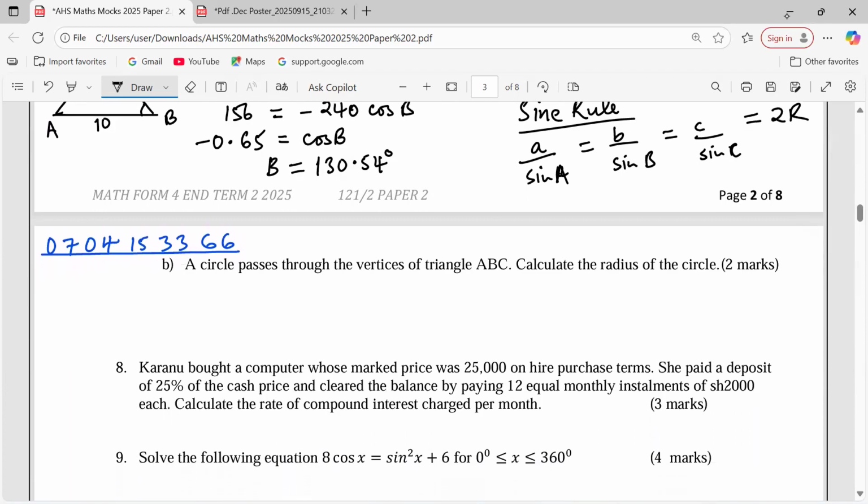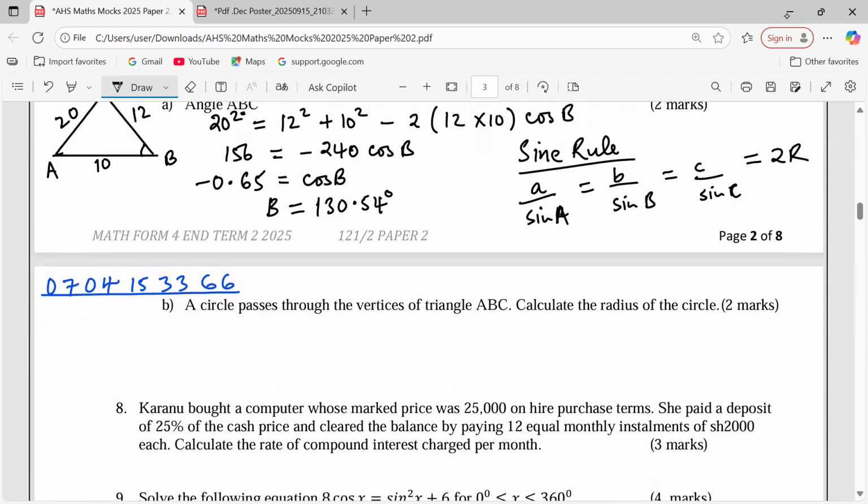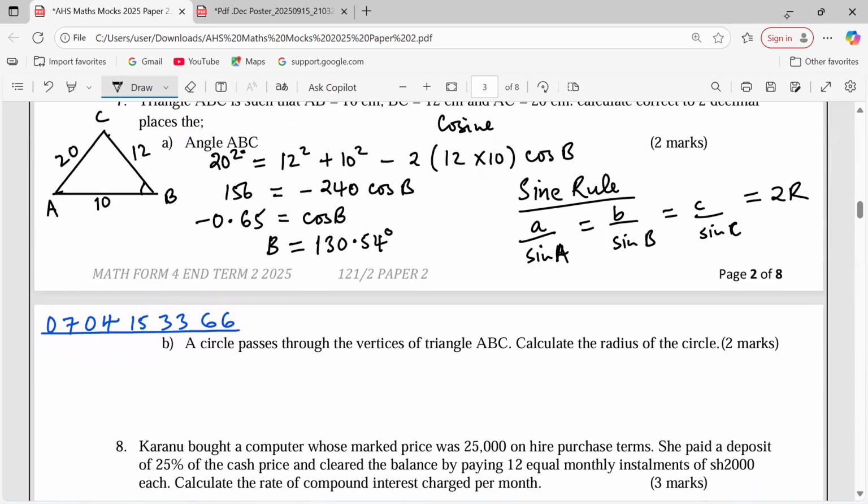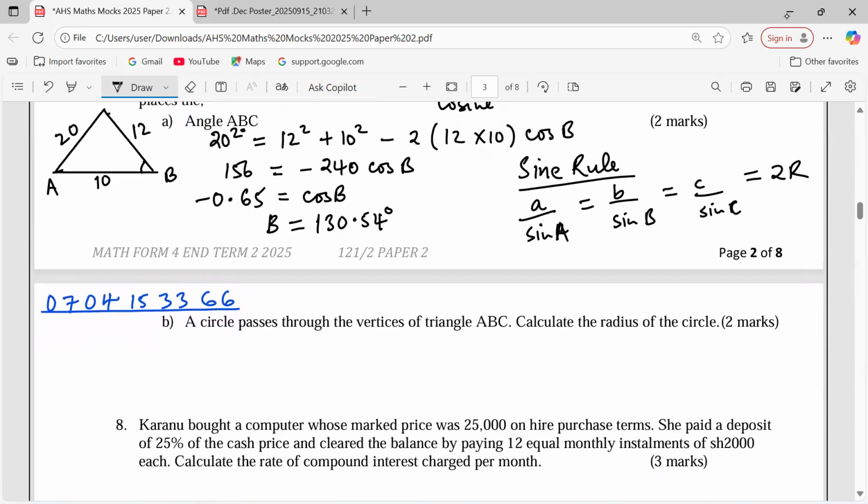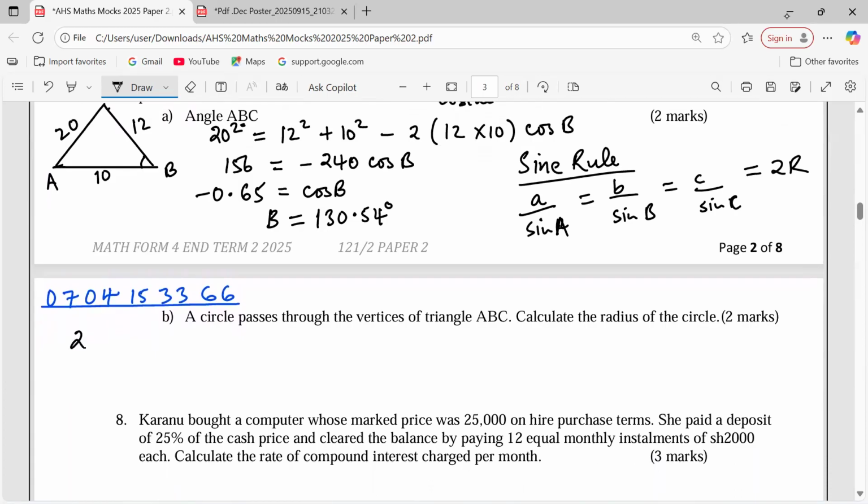Therefore, we can consider the angle that we have already identified, and that is the angle at B. Remember, we say 20 out of the sine of 130.54 should be the same as twice the radius.